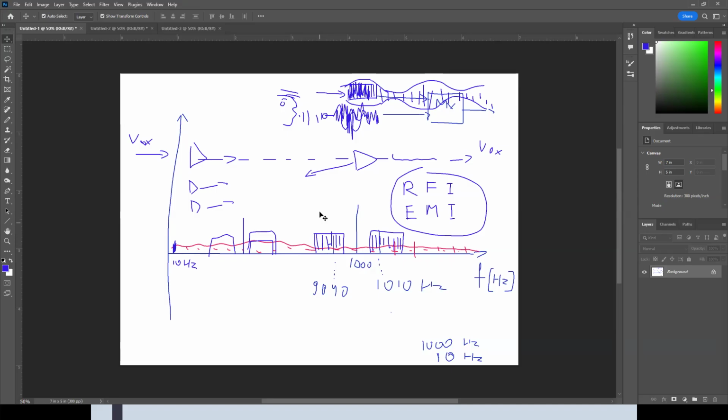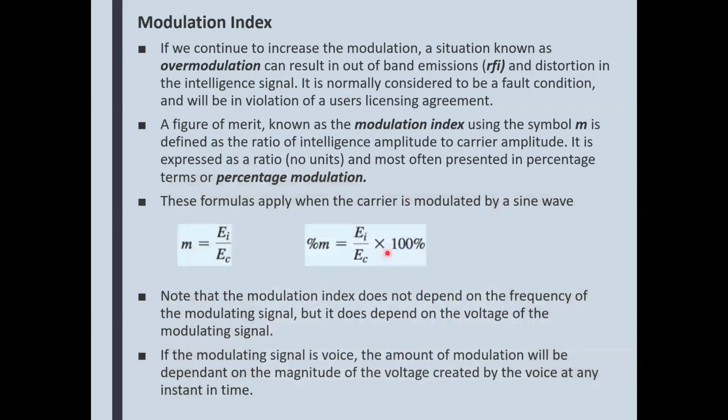But if you overshoot the volume, then you can cause some problems with the modulation here. That's why the final stages of amplification in transmission systems are quite protected by limiters, filters, and so on.